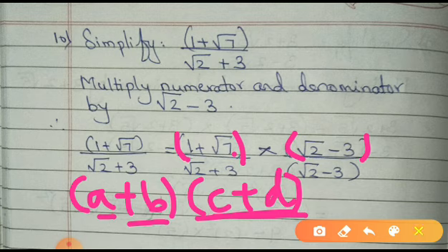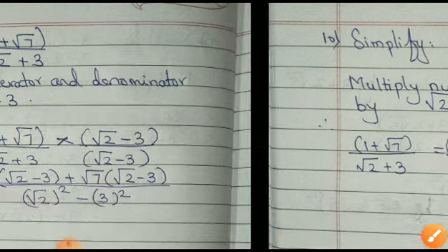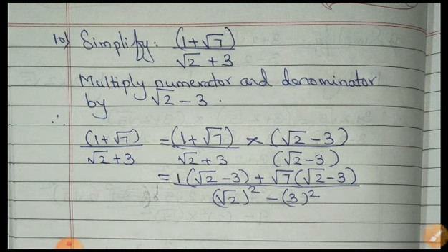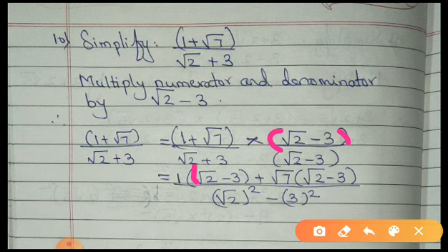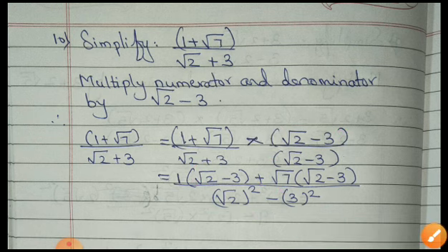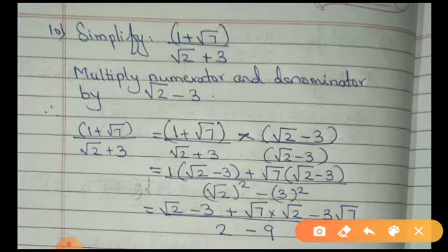Yes, simplifying it. So I'll be getting it as, see, 1 multiplied with the second bracket, second number multiplied with the second bracket. And denominator again the same, a square minus b square. Every time you will have the same itself for rationalization. Okay. So denominator I will be getting as 2 minus 9.